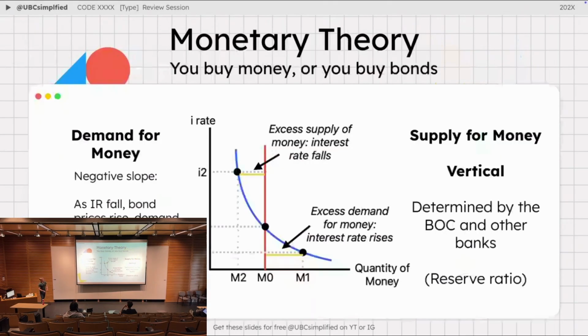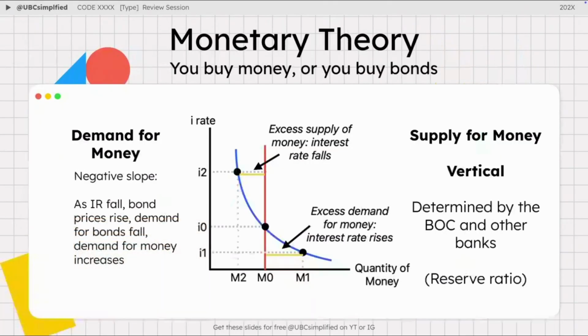Okay, so going through monetary theory, we have demand for money, and this is negative slope because as interest rate falls, bond prices rise because they're inversely related, which means that as bond prices rise, there'll be less demand for bonds, which means there'll be more demand for money, and that's why it's negative slope. So bond prices increase, the demand for bonds falls, which means you can either buy money or you can buy bonds.